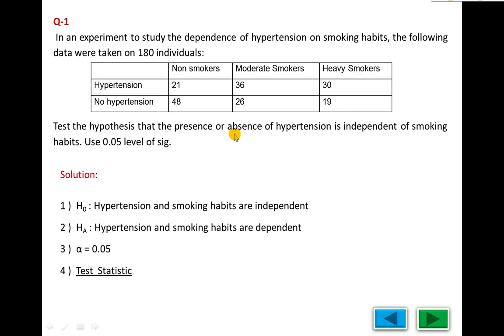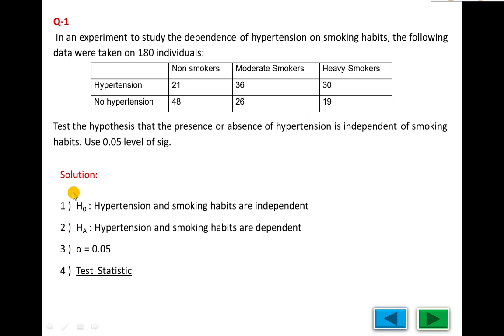So instead of a long statement, we write the main variable, because we always test the dependency or independency between the main variables. This is the characteristic of the collected data, the same data, and this is the intersection, the common area of this and this, both belonging to the collected sample data.